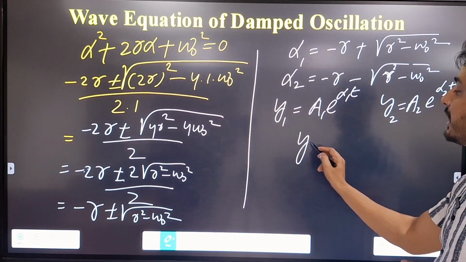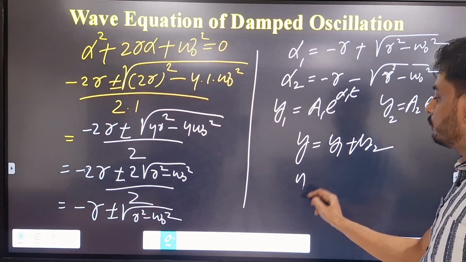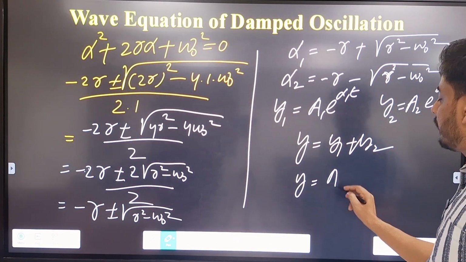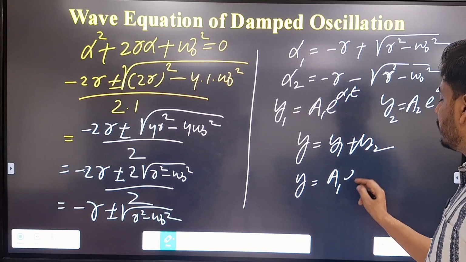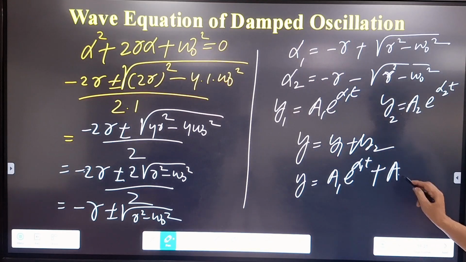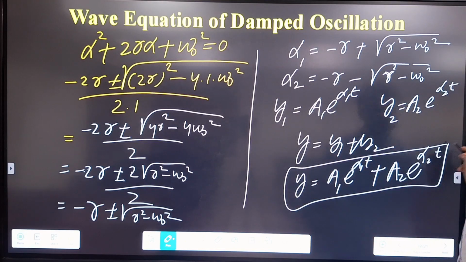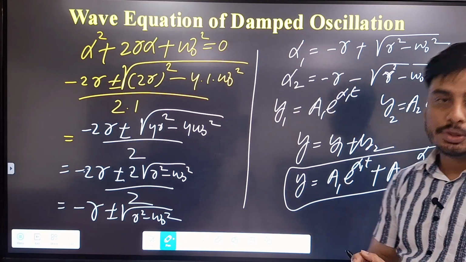Now the most general solution will be y equal to y1 plus y2. So instead of y1 we can directly write a1 e to the power alpha 1 t plus the second one, a2 e to the power alpha 2 t. So this is the generalized solution of this differential equation.